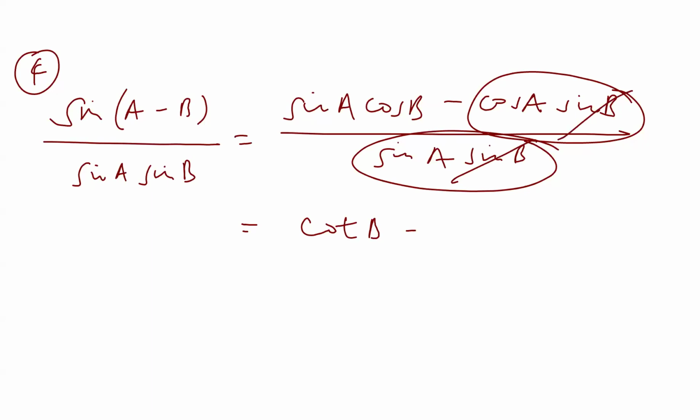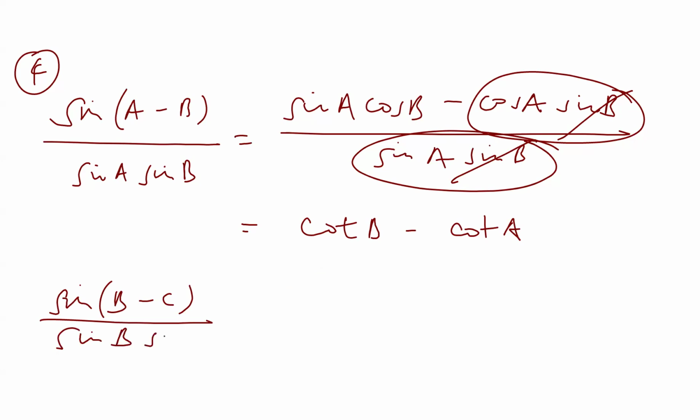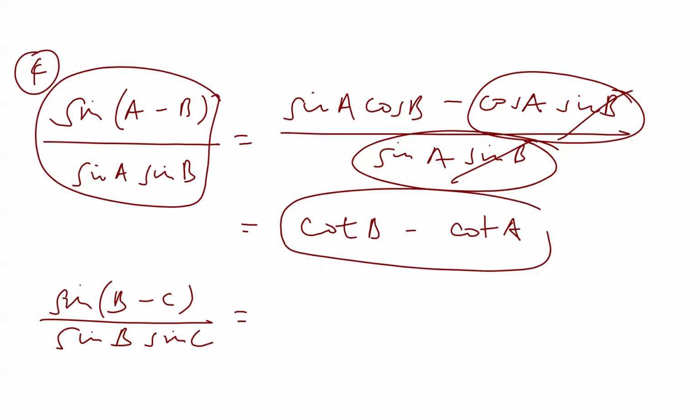Sin is getting cancelled. Cos A upon sin A is cot A. So this became this. So we can write similarly because the pattern is same. So sin B minus C upon sin B sin C. So this became cot B minus cot A. So this will become cot C minus cot B. Okay.